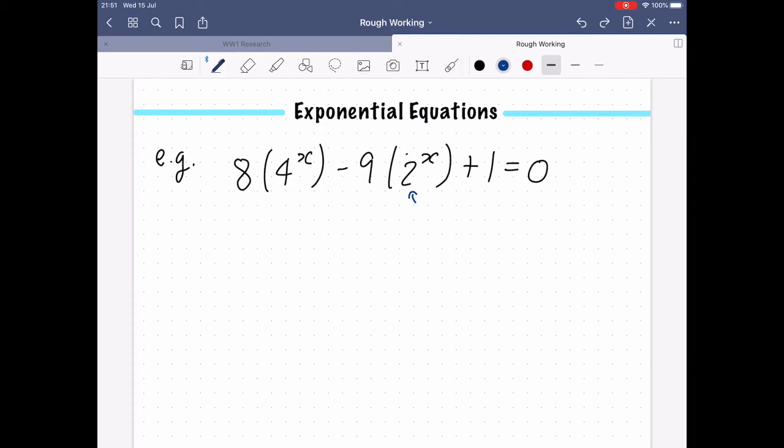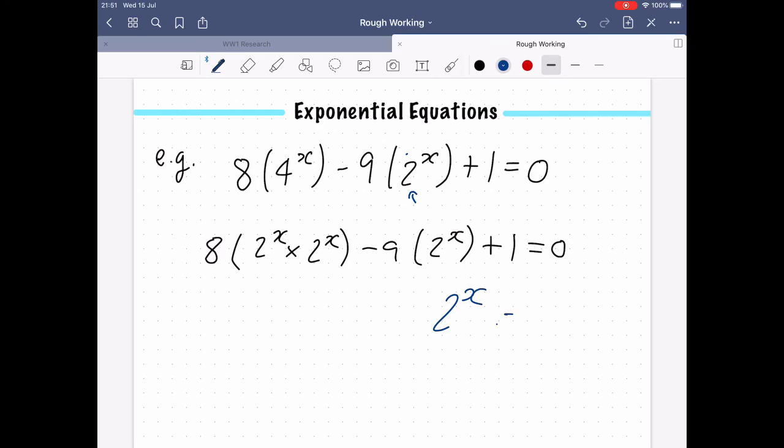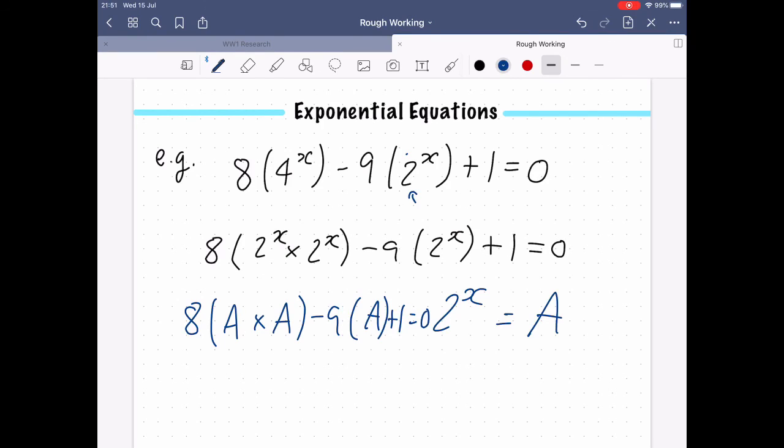So that can be done pretty easily. 8 times 2^x times 2^x, take away 9 times 2^x, plus 1 equals 0. So let's just call 2^x a. Now substitute this a into these. So 8a times a, take away 9a plus 1 equals 0.